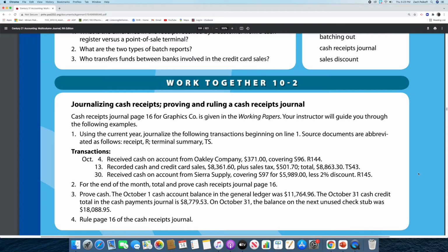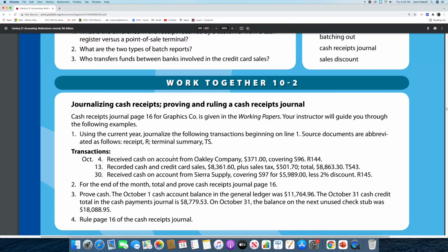So the instructions say, cash receipts journal page 16 for Graphics Company is given in the working papers. Your instructor will guide you through the following examples. Number 1. Using the current year, journalize the following transactions beginning on line 1. Source documents are abbreviated as follows: receipt, R, terminal summary, TS.